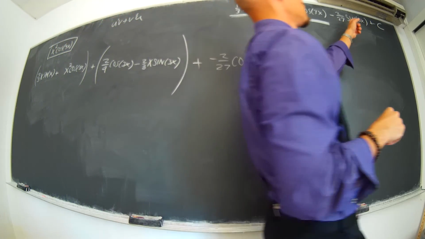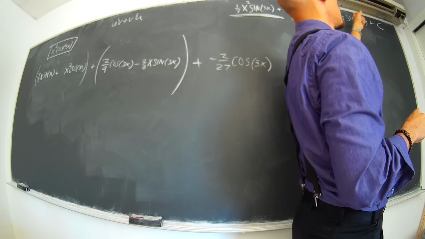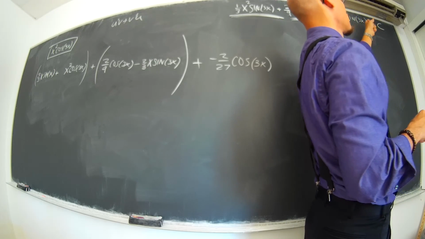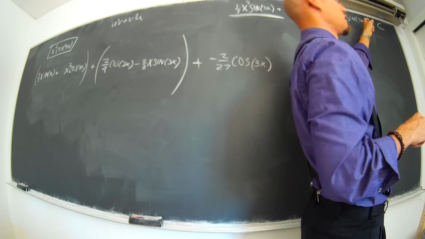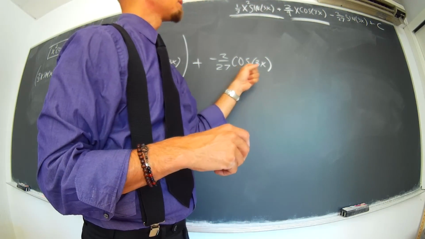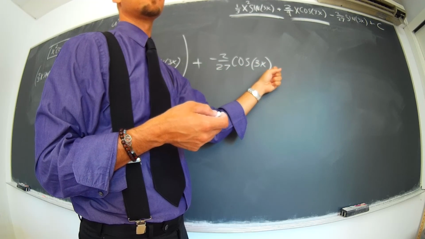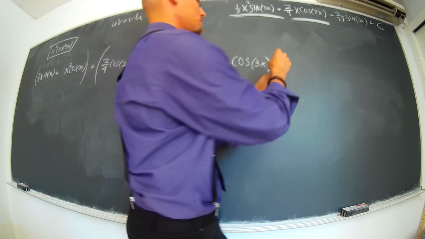This is a function inside of another function. You do the derivative of the outer function, multiply it by the derivative of the inner function. So we did the derivative of sine, which is cosine, and now we need to multiply it by the derivative of 3x, which is 3.